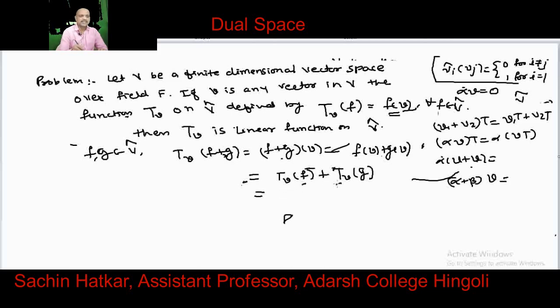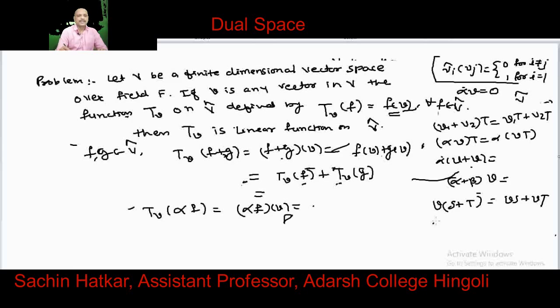Now see the second condition, T suffix V of alpha F, this is equal to alpha F of V. Apply the definition of homomorphism. What is the homomorphism? Here we have taken S plus T of V equal to S of V plus T of V. This is the definition we have applied here. And the second condition, alpha S of V equal to alpha times S of V. These are the definitions of addition we have applied.